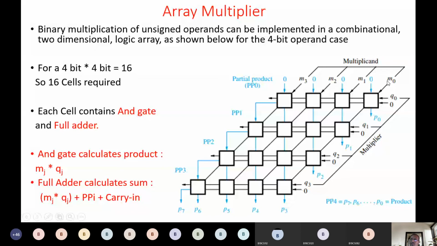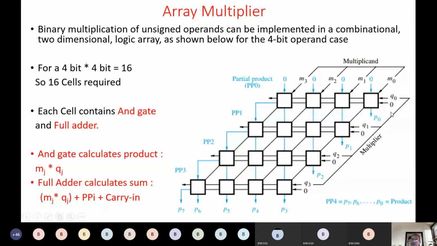After addition of M0, Q0 and the carry-in, we have a carry-out, which again becomes a carry-in for the next cell. You can see the carries propagating from one cell to another. The second line is the carries, from this cell to this one, and from this cell to this cell, and the upper line represents Q0 propagating to all the cells.